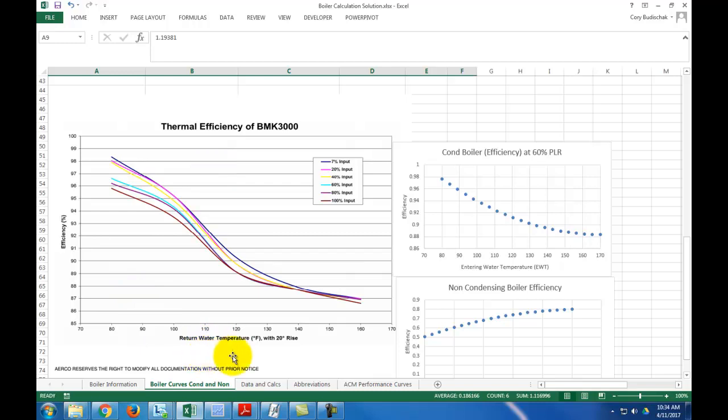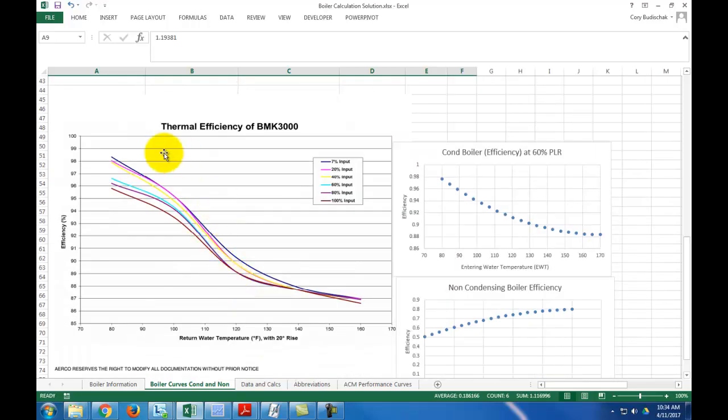We have the return water temperature, which is the same thing as the entering water temperature of the boiler, and the efficiency. You can see that it generally goes up at lower return water temperatures, and it's the highest efficiency at low return water temperatures and at low input, so low firing rate. That's where the highest efficiency occurs.